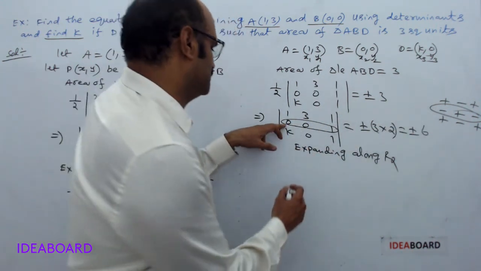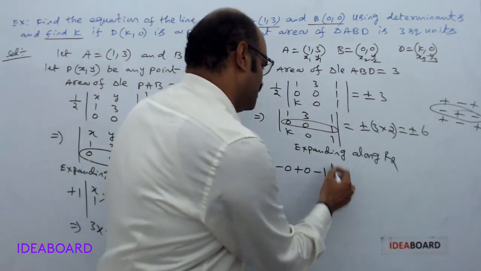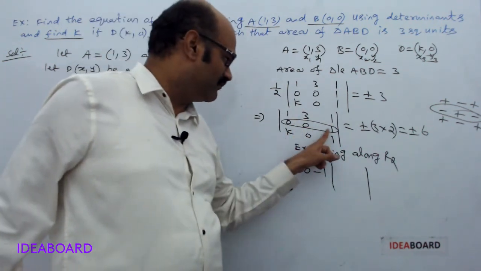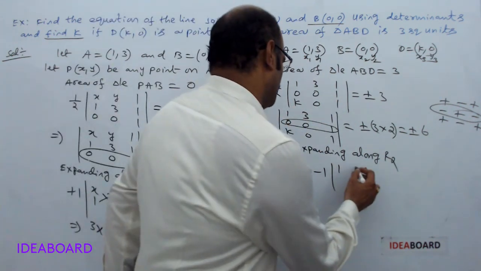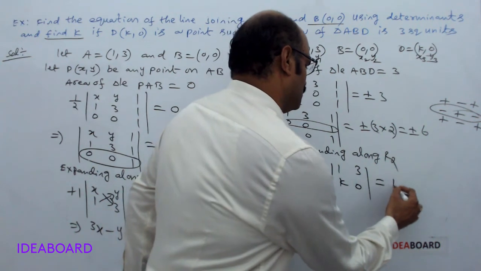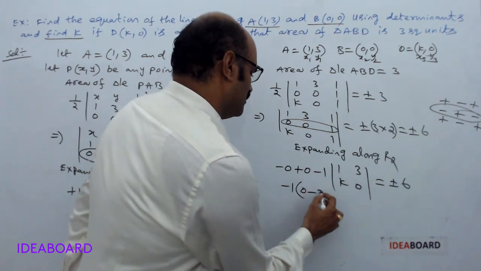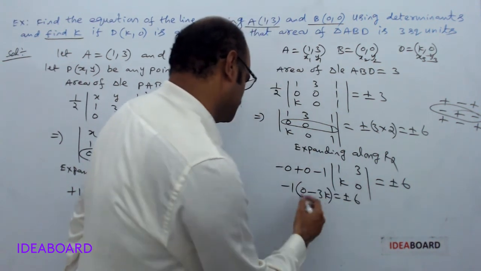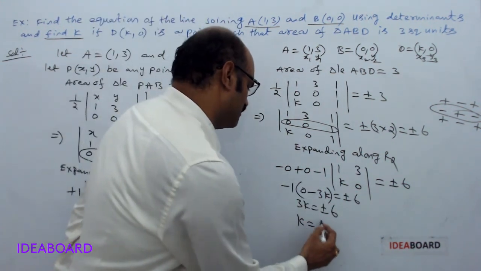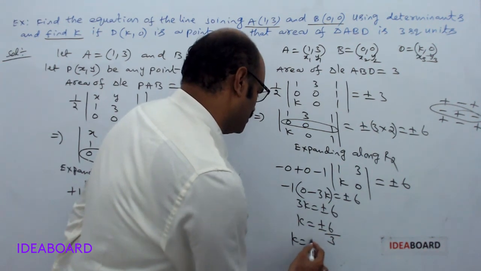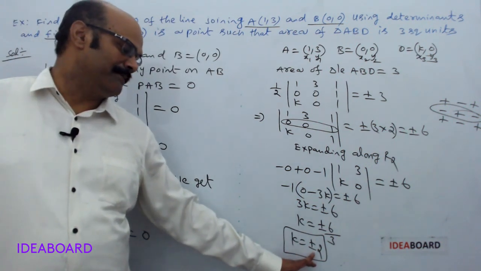So minus 0, next plus 0, next minus 1 into determinant of the remaining elements, since 1 lies in second row and third column: 1, 3, k, 0, equal to plus or minus 6. Now minus 1 into (0 minus 3k) equal to plus or minus 6. So 3k equal to plus or minus 6. Now k equal to plus or minus 6 by 3, k equal to plus or minus 2. Therefore, the value of k equal to plus or minus 2.